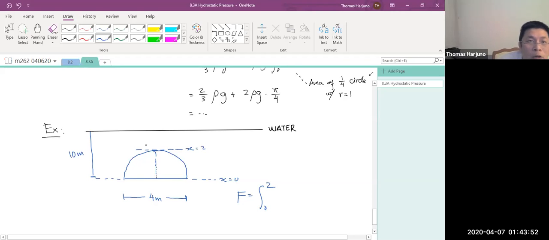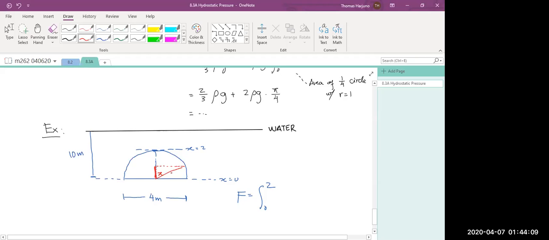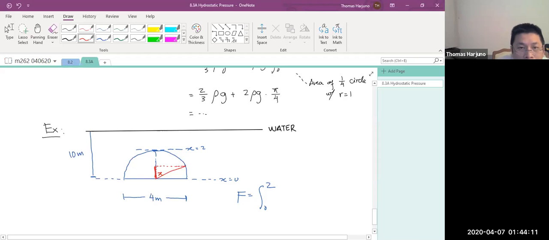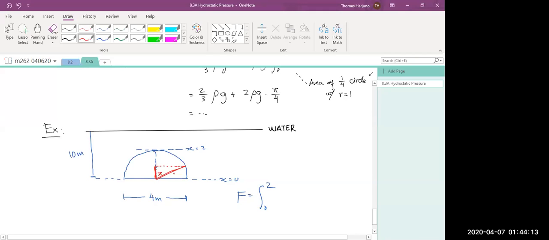And then suppose I choose a random x, let's say this is x here. What is the length of this hypotenuse here? It's 2.